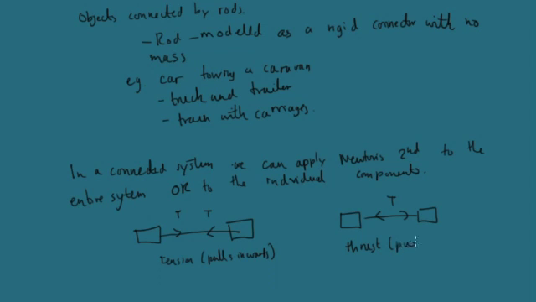It's pushing outwards, and this is going to be a negative tension, and it means the rod is under compression, is therefore a thrust. So we're going to look at some examples of how this actually works.